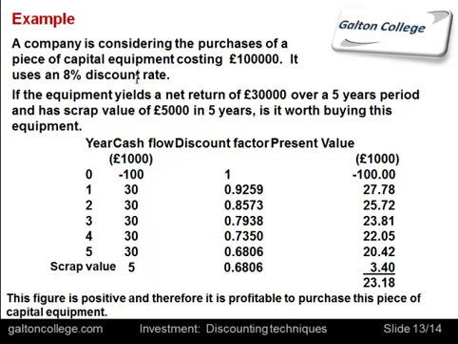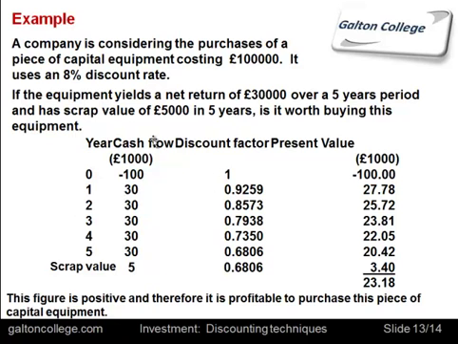It uses an 8% discount rate. So the company wishes to use 8%. It might not be the rate of interest, but it's just what the company wants to use, 8%. If the equipment yields a return of £30,000 over a 5-year period and has a scrap value of £5,000 in the 5th year, is it worth buying this equipment?